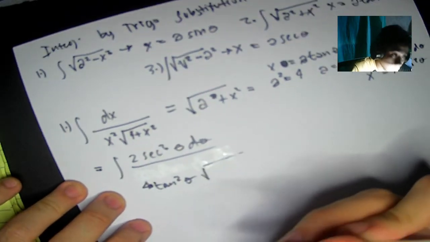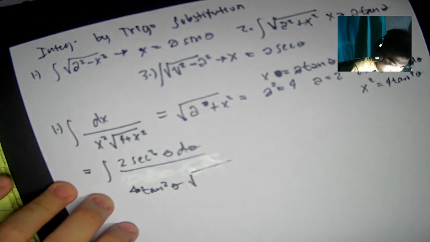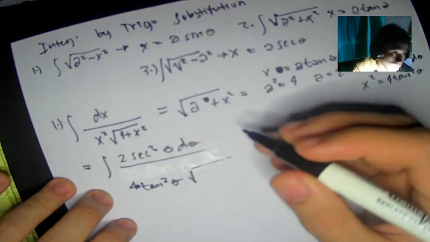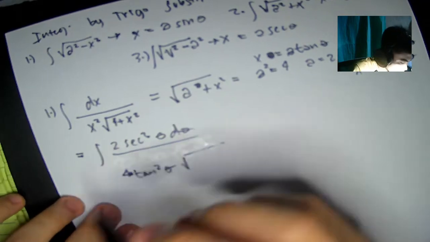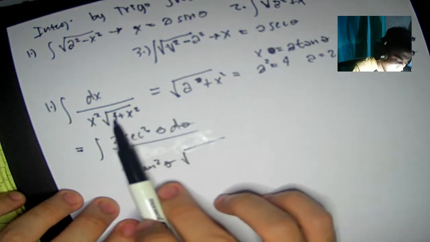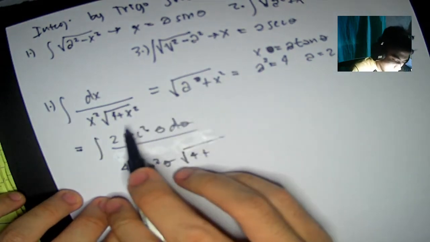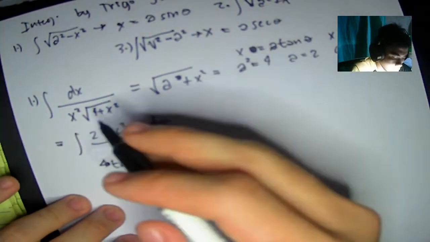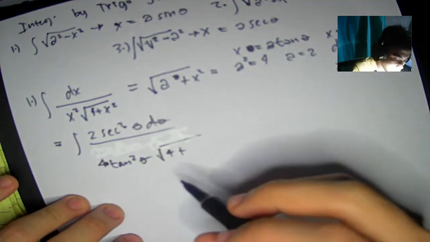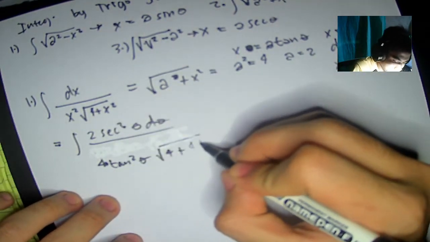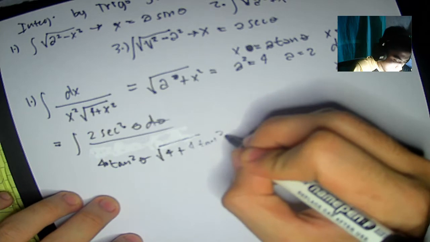Oh no, square root of 4 plus x squared, so I'll just copy this. We can't just put x squared there, we should put the value of x. So x squared is 4 tangent squared theta.